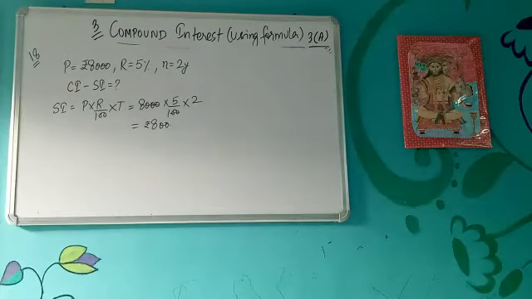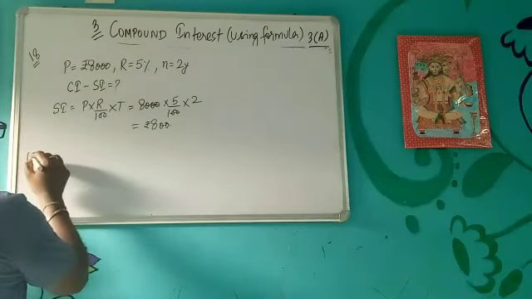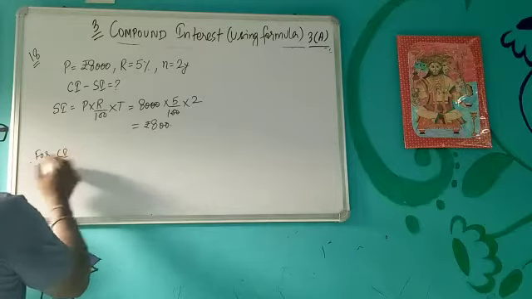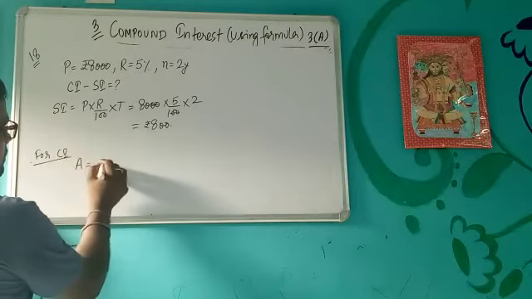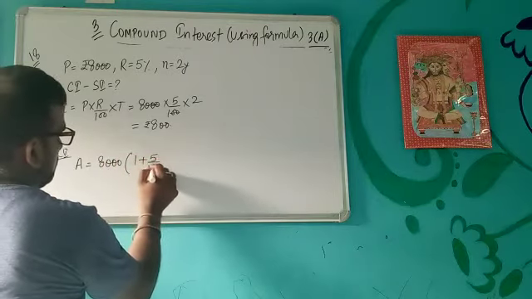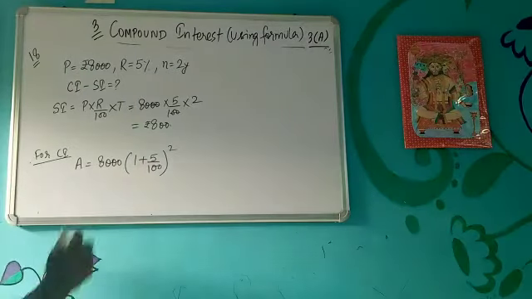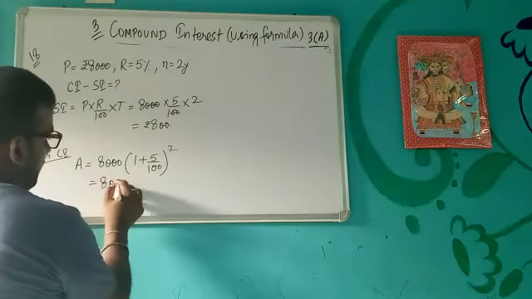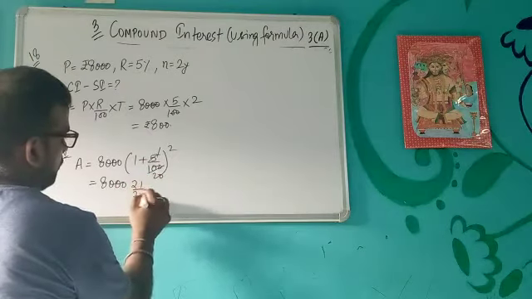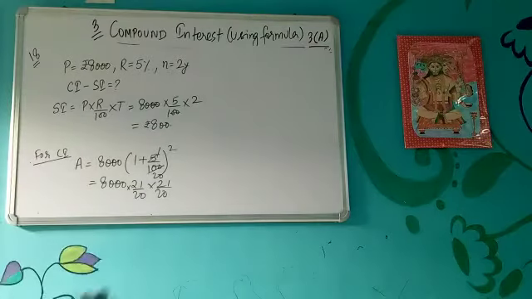Okay. Then for calculating the compound interest, first we will find the amount, that is 8,000 into 1 plus 5 upon 100 squared. So it will be 8,000 into 21 upon 20 into 21 upon 20.